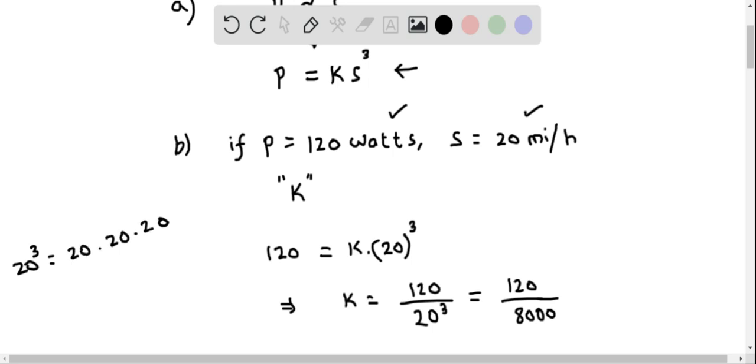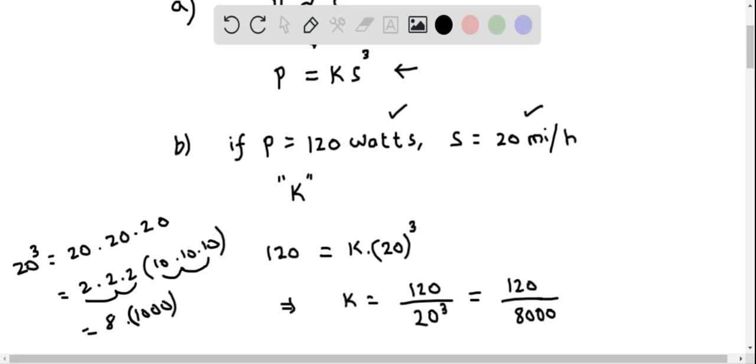This can also be written as 2 times 2 times 2 times 10 times 10 times 10. So this is 8, and 10 times 10 times 10 is 1000. So 8 times 1000 is 8000. So that's how we got 20 cubed equals 8000.